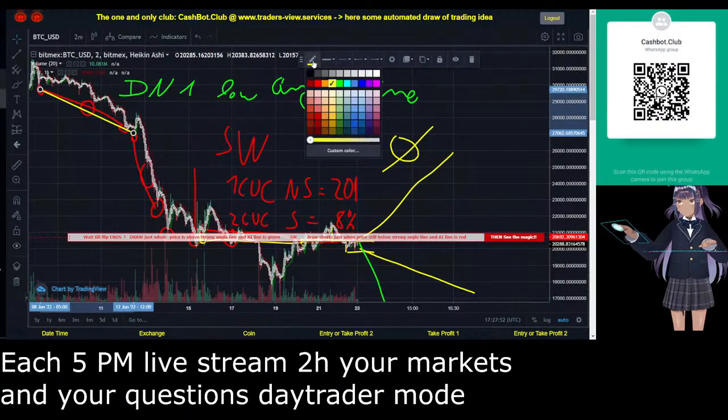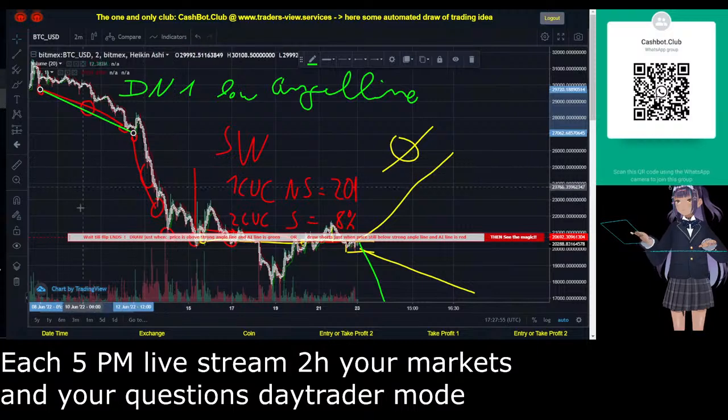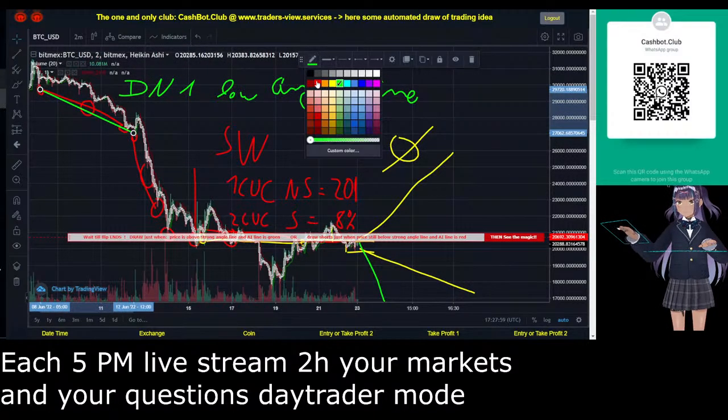Let's make that green, and here the red one, beautiful.